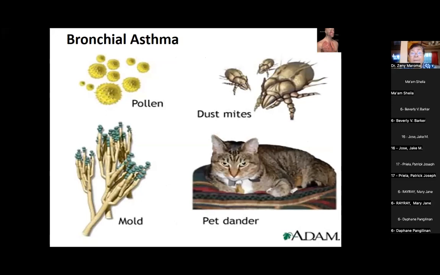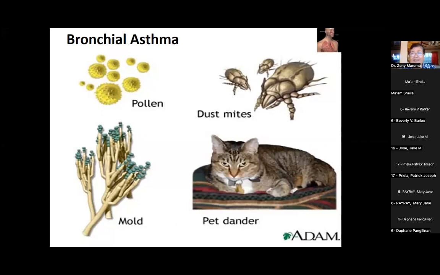NCLEX question para to prevent or minimize the attack or decrease the attack of asthma. So saan daw dapat nandoon ang mga domestic pets? Siyempre yung mga alaga natin dapat nasa labas ng bahay. Okay? Pero ngayon nga, 'di ba? Lalo na nitong nag-pandemic, pinagkakalibangan natin hindi lang plantitos, plantitas, no? Marami din tayong mga alagang pusa, alagang dog, no?